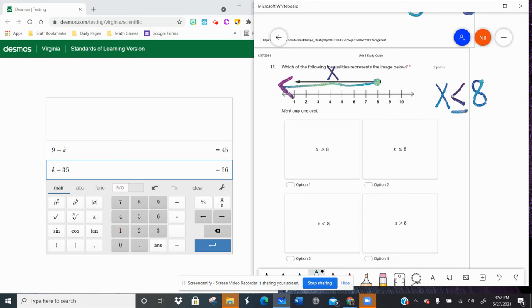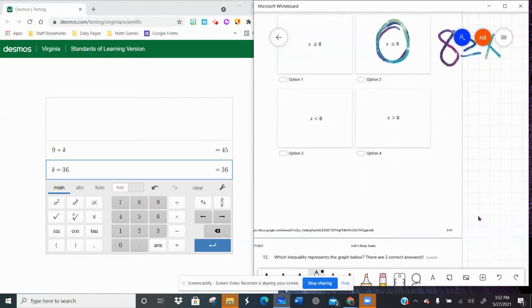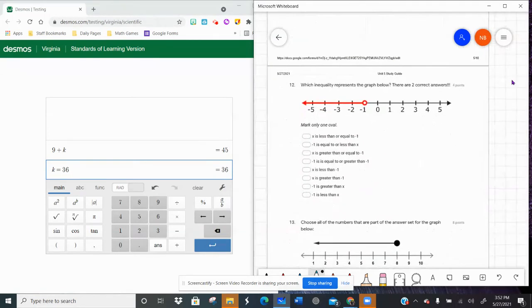Because that graphed inequality says that x is less than or equal to 8. So it's this one right here. I could also write it that if x is less than or equal to 8, 8 is greater than or equal to x. So I can write it both ways, and you might see it both ways in the future.